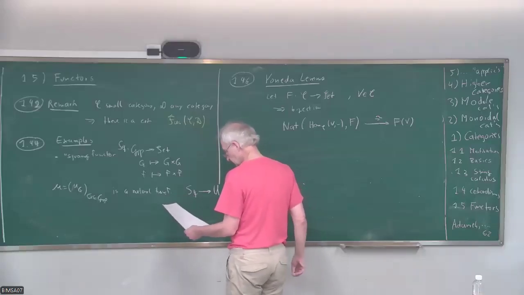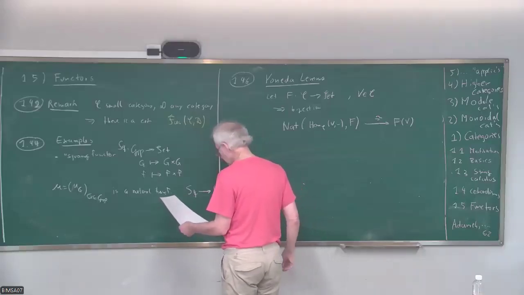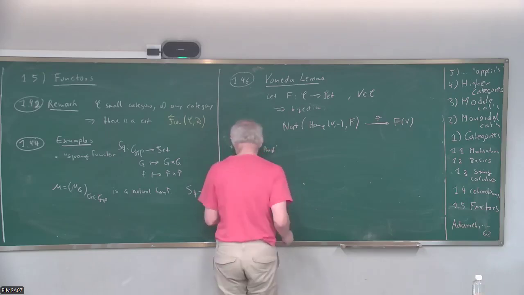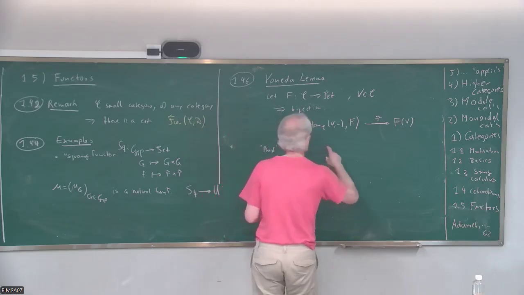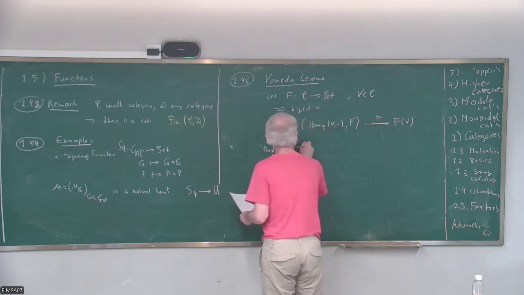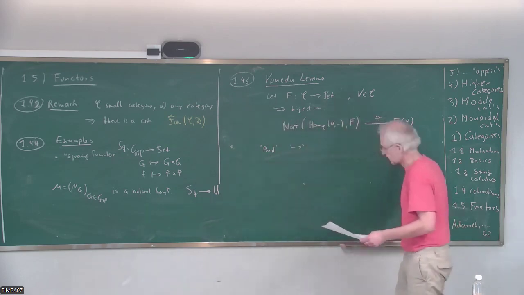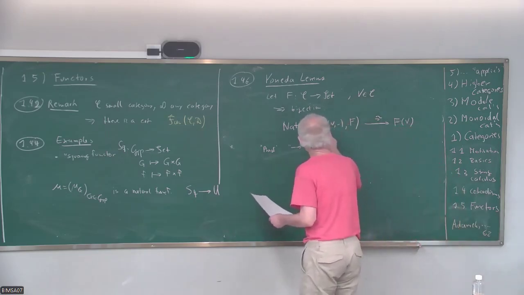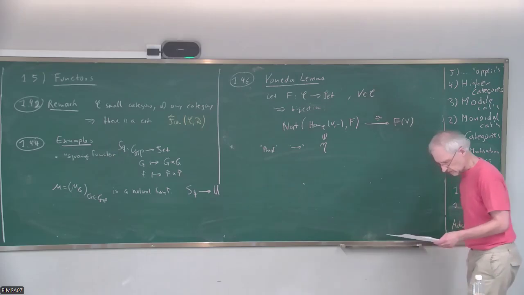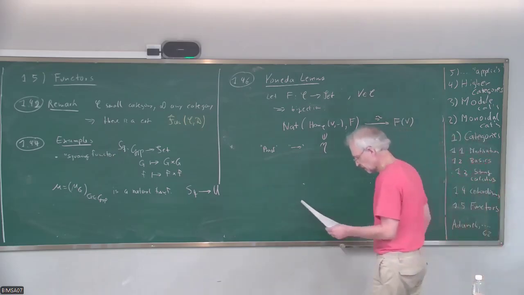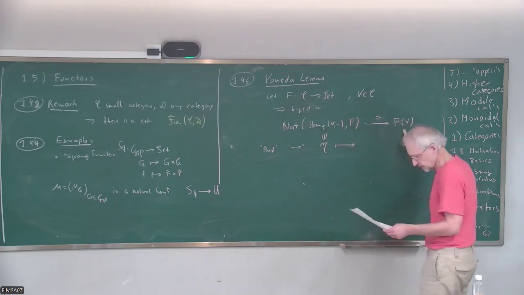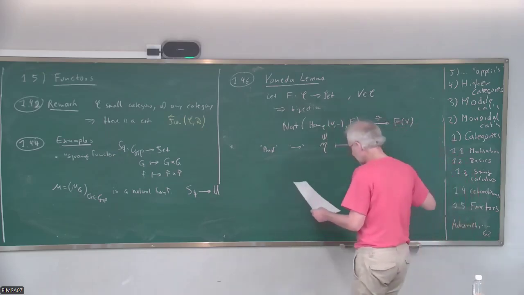Maybe I'll just indicate how you prove this. You get a map in this direction in the following way. You take a natural transformation in this set, and you map it to an element in this set, which is the following.